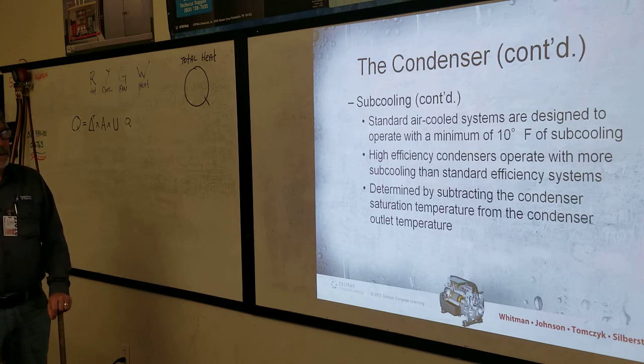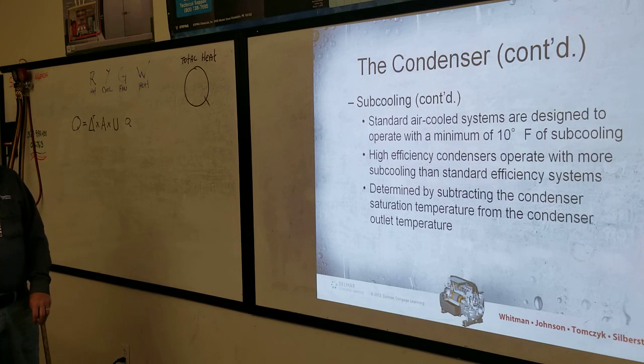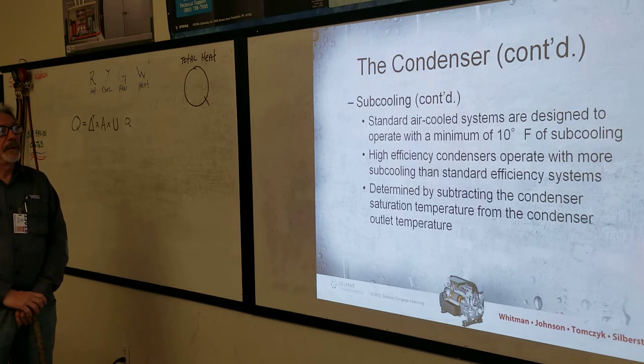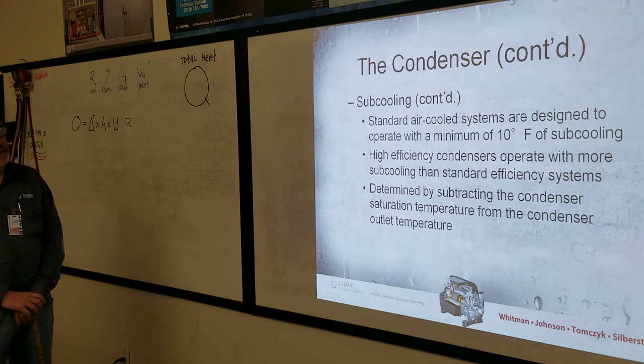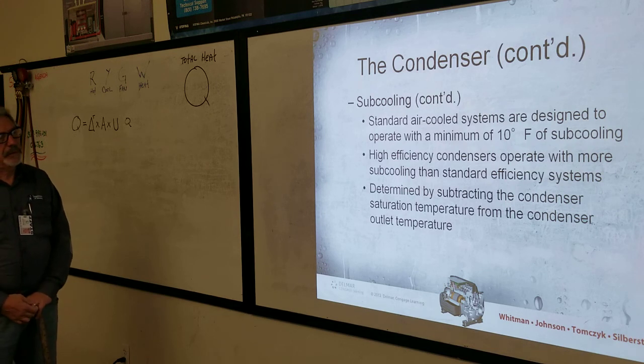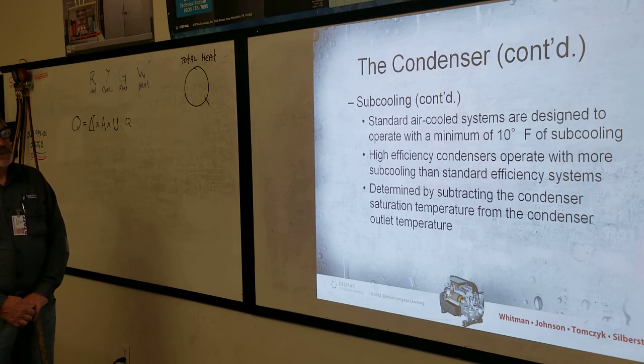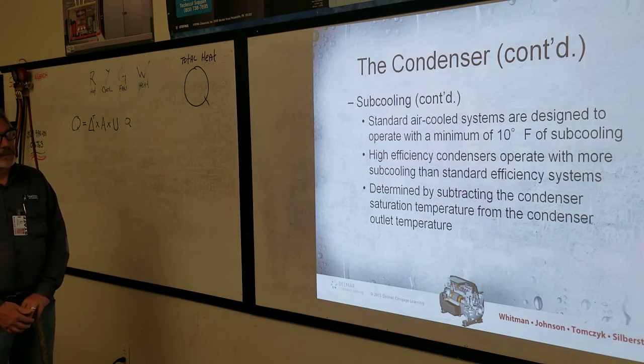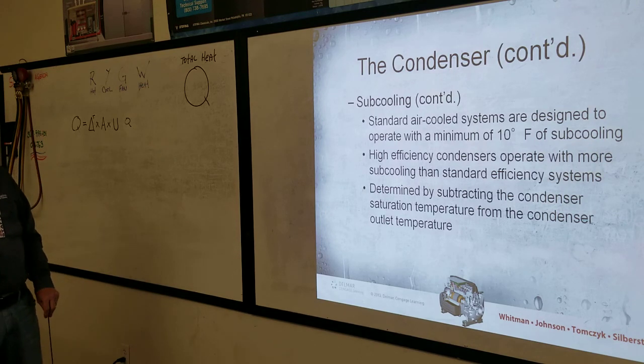Standard air-cooled systems are designed to operate with a minimum of 10 degrees Fahrenheit of subcooling. A high efficiency condenser operates with more subcooling than a standard efficiency system. It is determined by subtracting the condenser outlet temperature from the condenser saturation temperature.